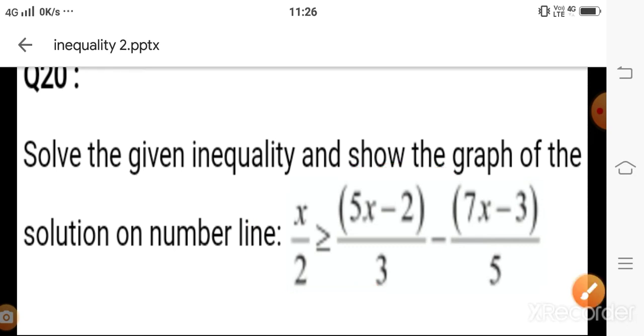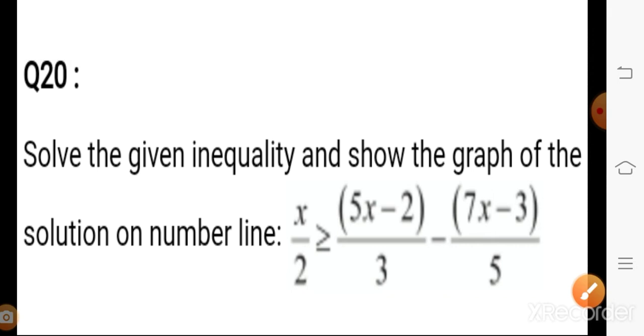We have to solve this first and then plot the graph of the solution on the number line.